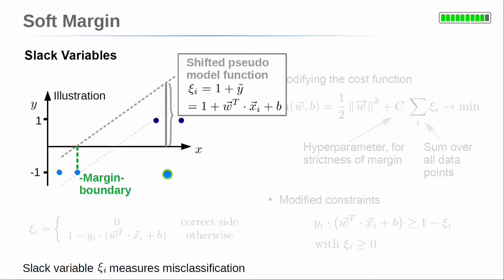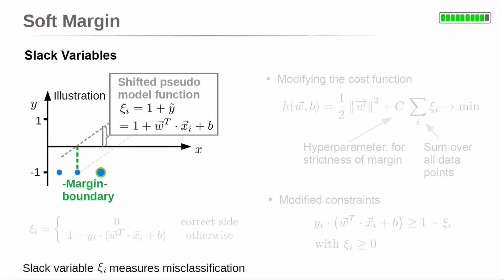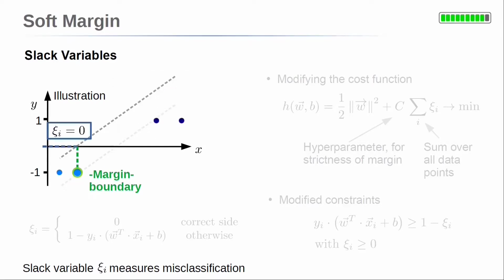This expression measures the misclassification with respect to the minus margin boundary. The contribution xi decreases if the data point is closer to the minus margin boundary. At the minus margin boundary, the value is 0.